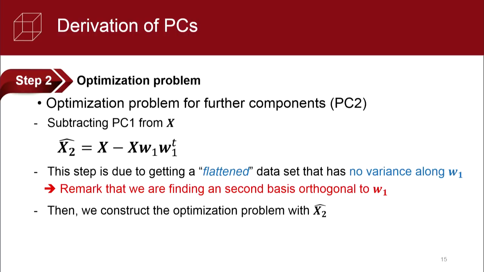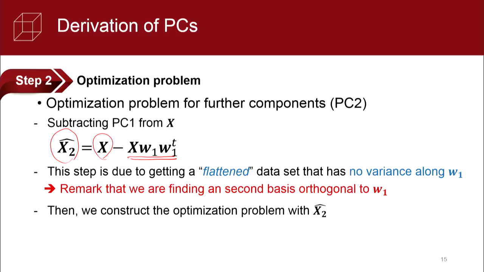So what we try to do is subtract the principal component 1 from the x, so we can derive the x2 hat. By subtracting, the x2 hat can be calculated by x minus this term, which is the impact of the first principal component.